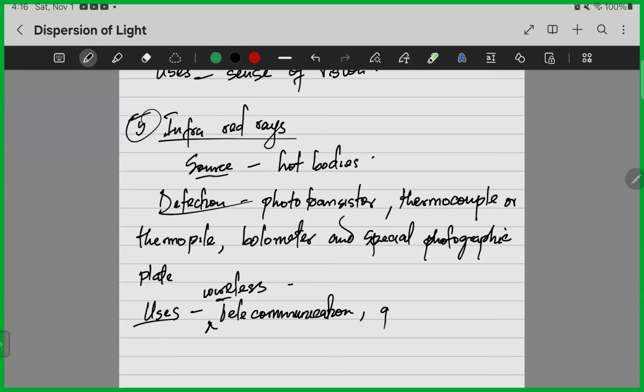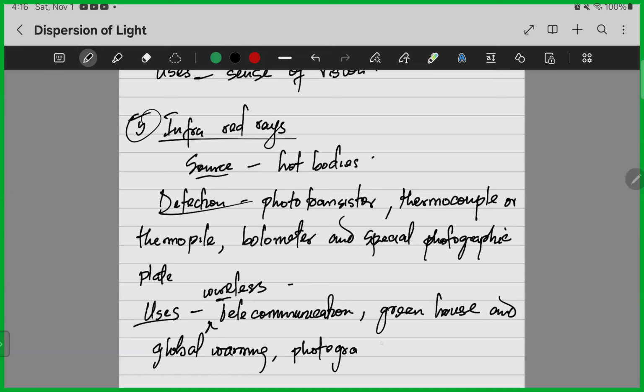They're used in greenhouse effect, global warming, and infrared helps photography at night. You see that some of the movies you watch when the police wants to conduct an operation at night, they use one red light like that. That's infrared photography at night, or should I say night vision.